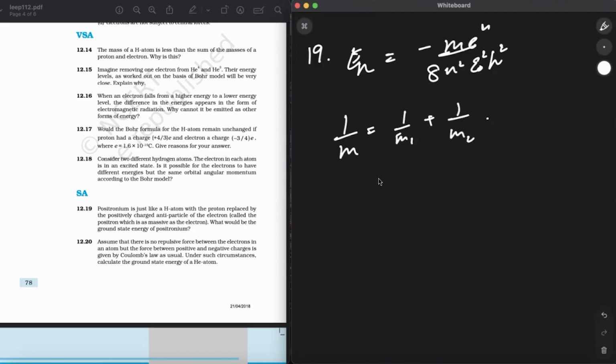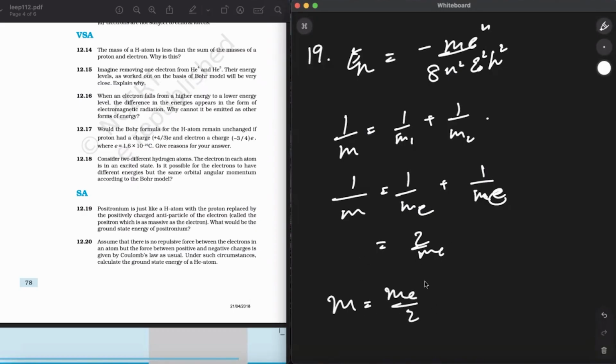So the reduced mass for positronium, putting in the values, 1 upon m electron plus 1 upon m electron, will be m by 2, where m is the mass of the electron.